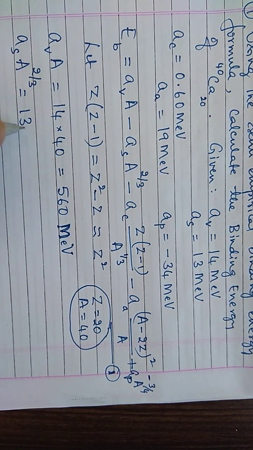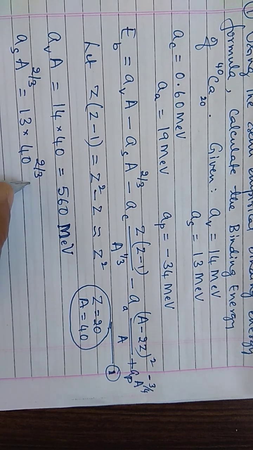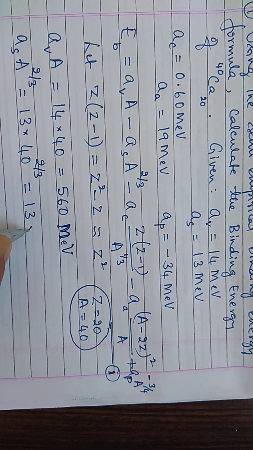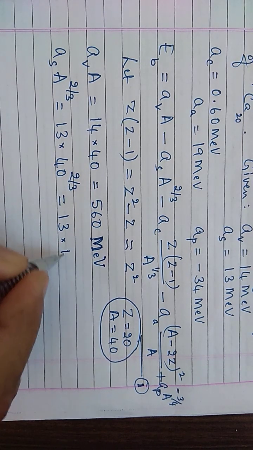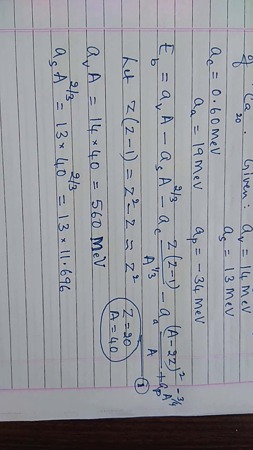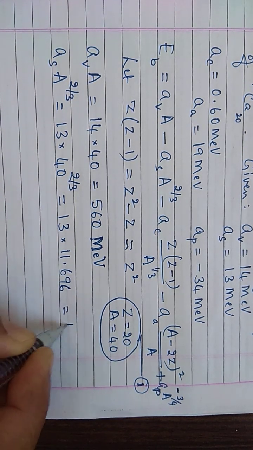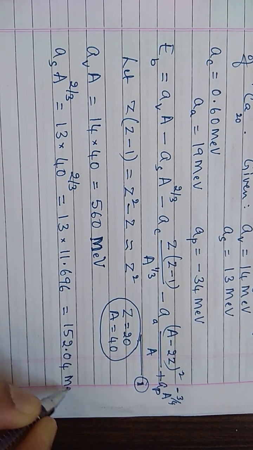Substitute capital A equal to 40 raised to the power 2 by 3. 13 multiplied by 40 raised to the power 2 by 3. The value of that is 11.696. Multiply these two and you get 152.04 MeV.